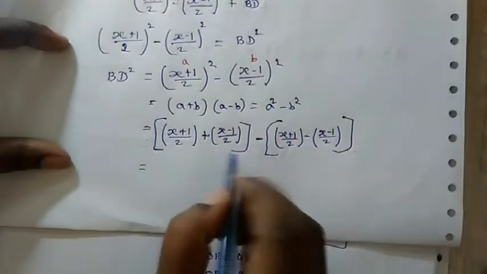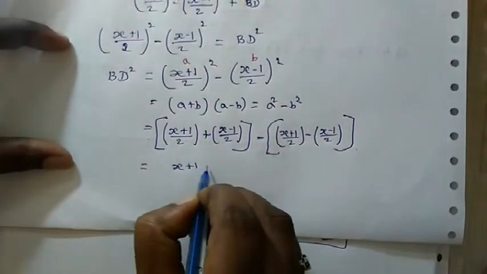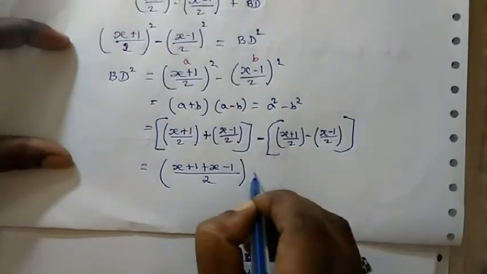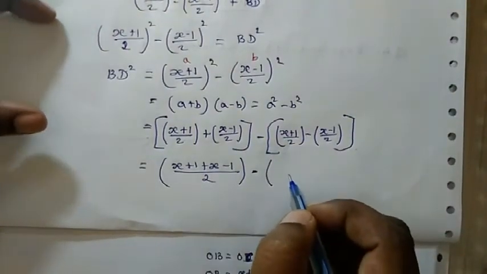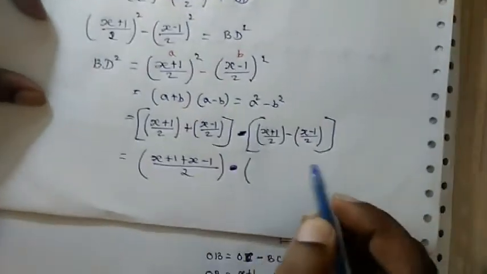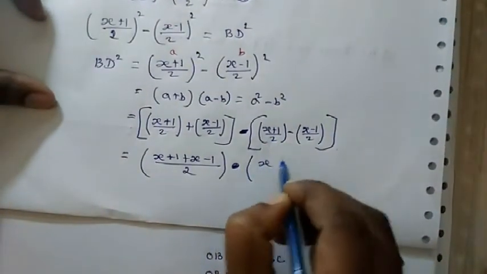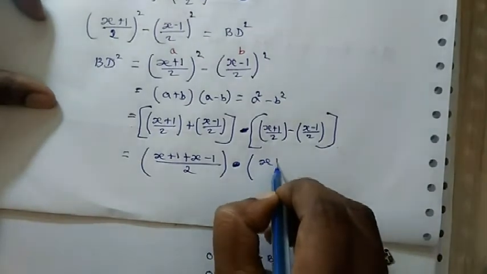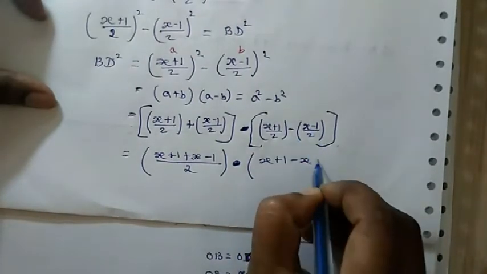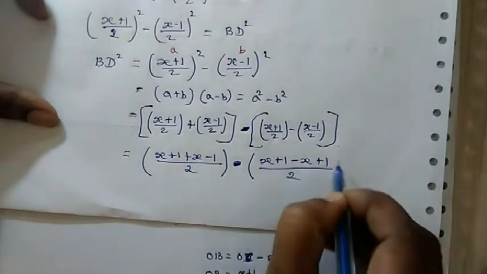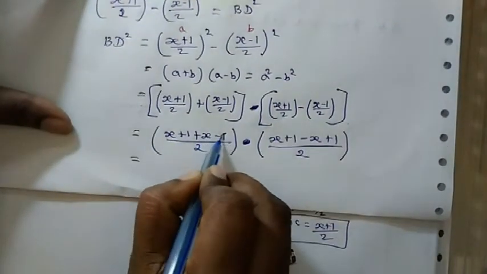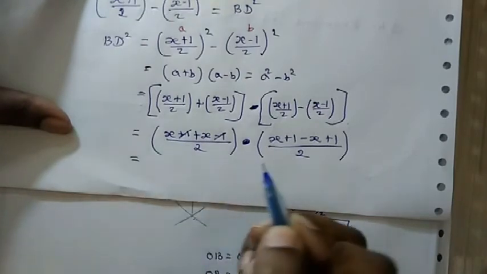Now both denominators are the same, so we'll write them together: x + 1 plus x minus 1, over 2, times x + 1 minus x, minus into minus plus 1, over 2. Now the plus 1 and minus 1 will get cut.